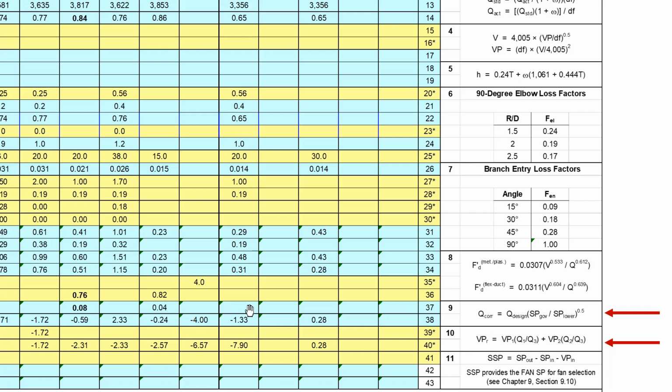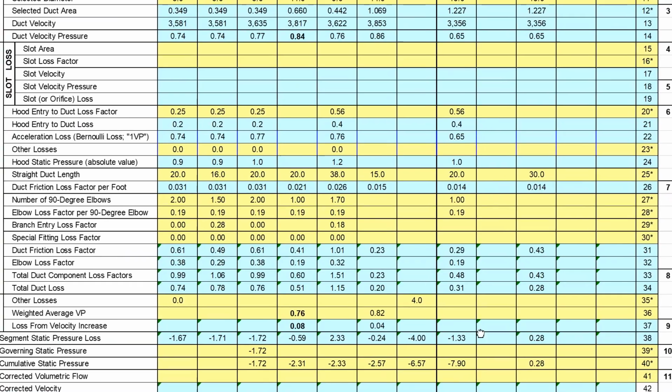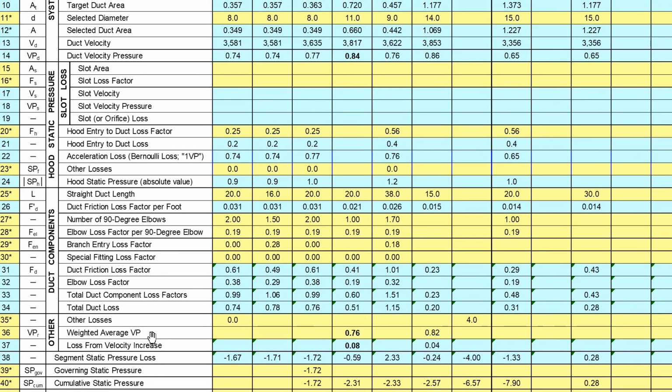And when we work this out for these two ducts, we find that our VPR, which is in this line of our calc sheet, which is our weighted average velocity pressure, calculates out to 0.76 inches of water gauge. And that means that we are going to fall short of our required 0.84.